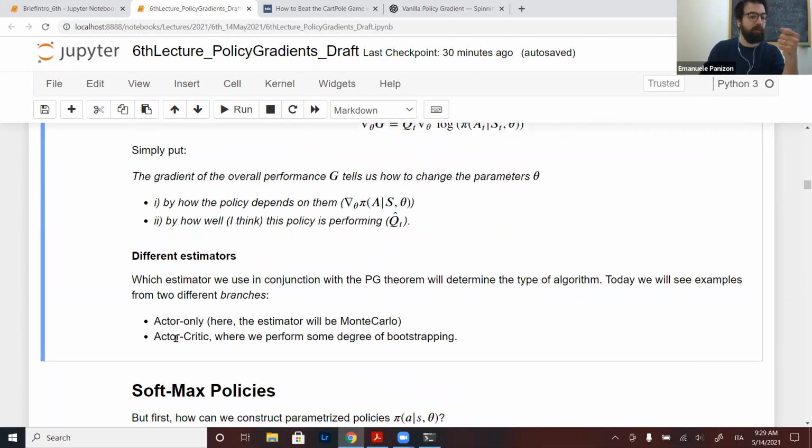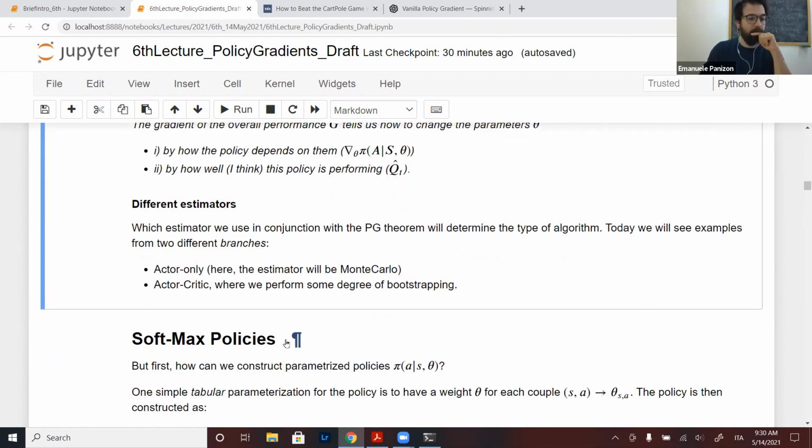And the second part, which is the actor critic, we will have a part of the algorithm which is called the critic, which will deal separately with the problem of the value evaluation. Okay. Do you have a question so far? Please, if you do, always ask, always interrupt.